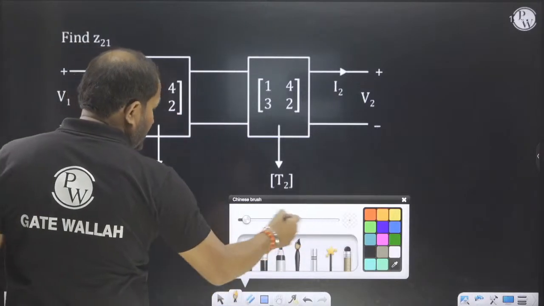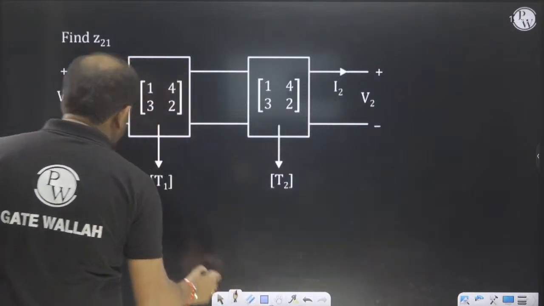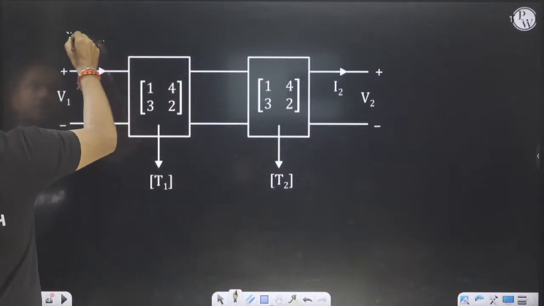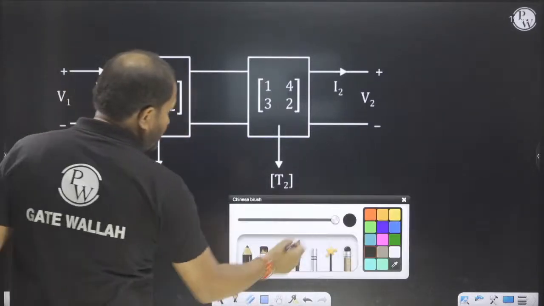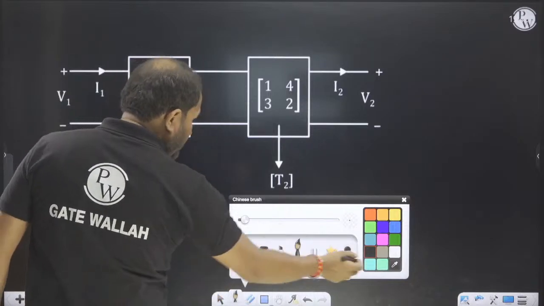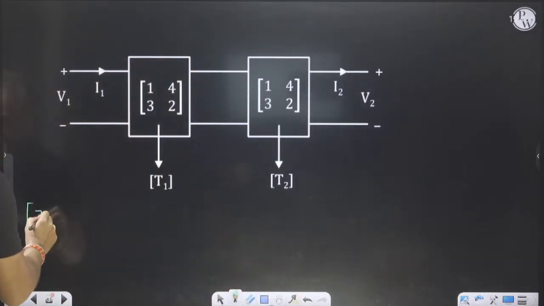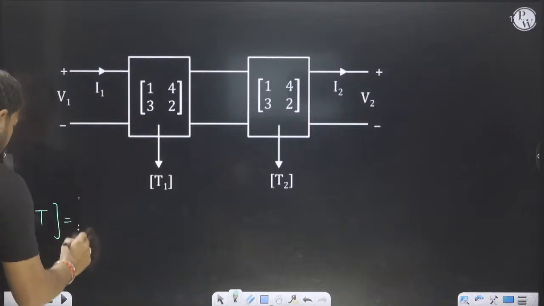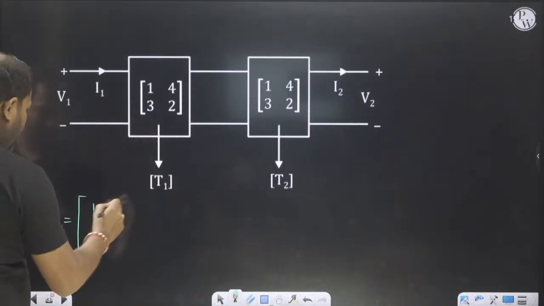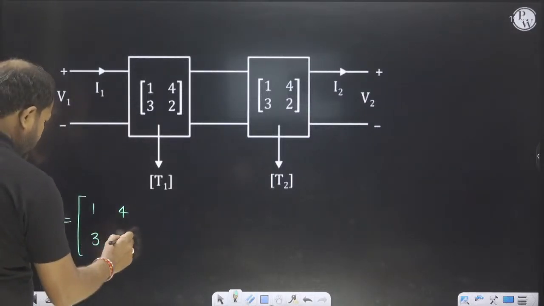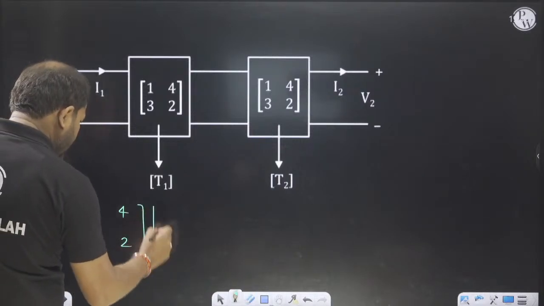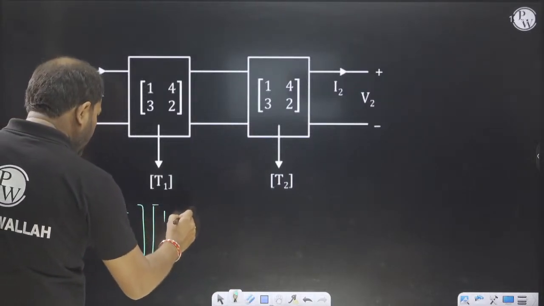First of all, the transversal and matrix will be multiplied. Our new matrix will be the multiplication of [1 4; 3 2] with [1 4; 3 2].